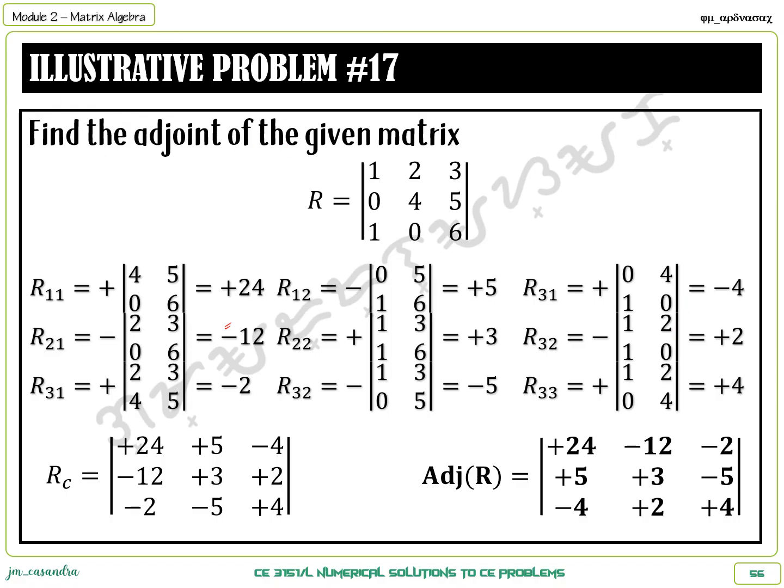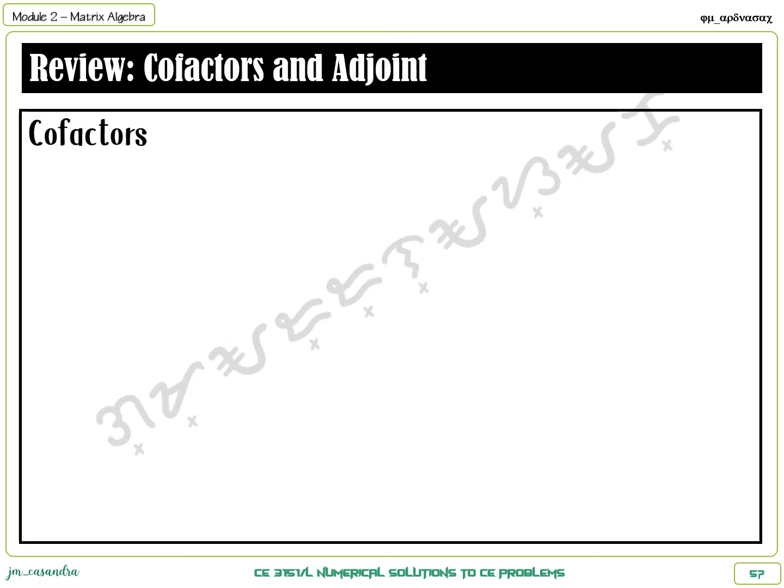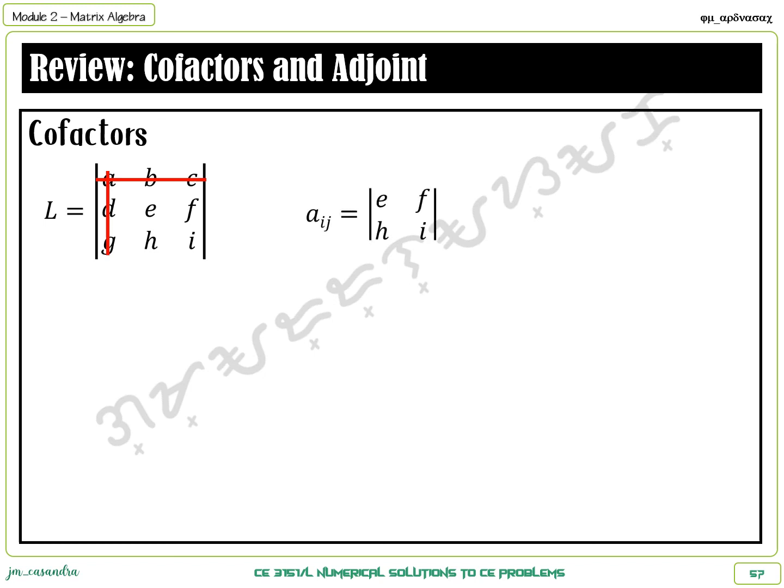Okay, so before we end our discussion for cofactor and adjoints, again, we have a review. For cofactors, given a matrix, the minor will simply be equivalent to the matrix when we remove your column and your row.